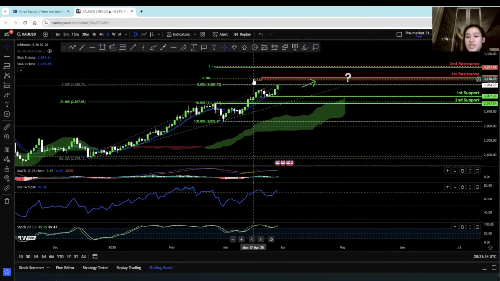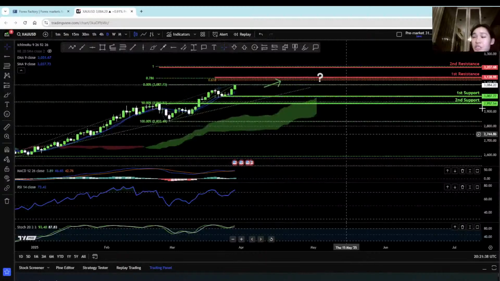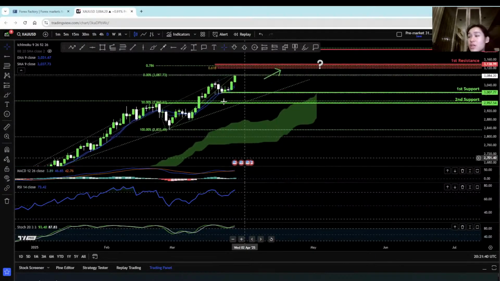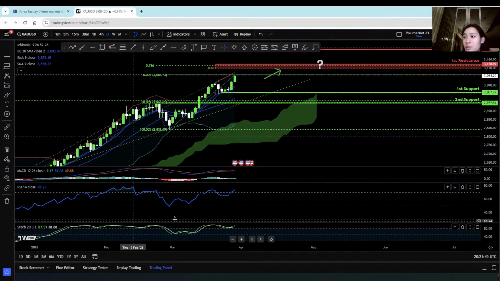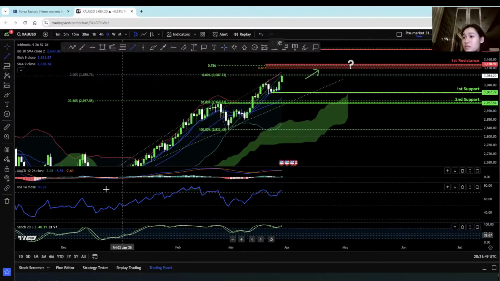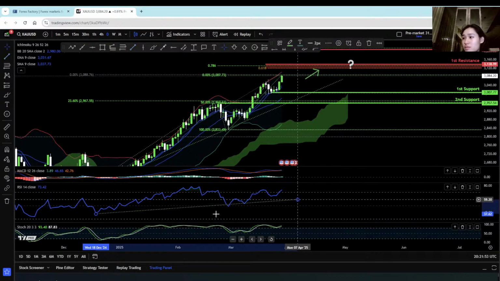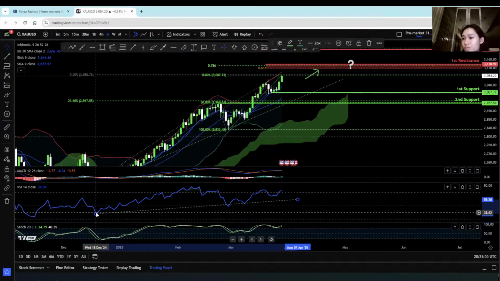So you can see prices are moving above the moving averages. So that is also our bullish signal. RSI, let's see.